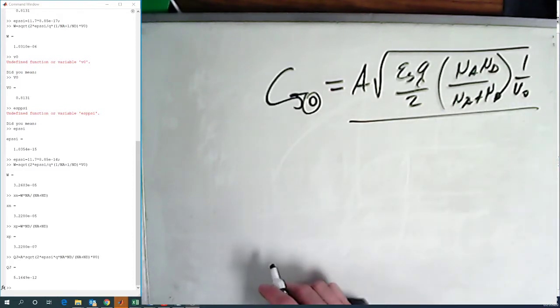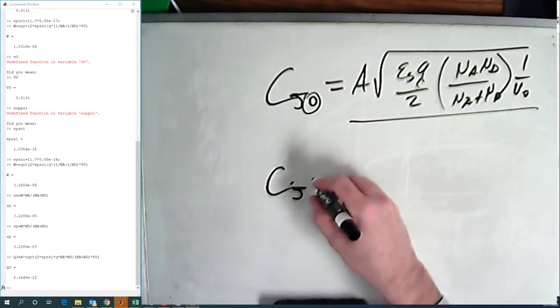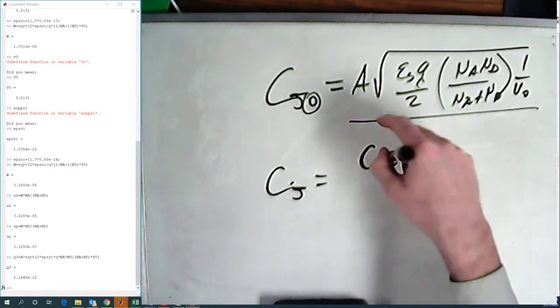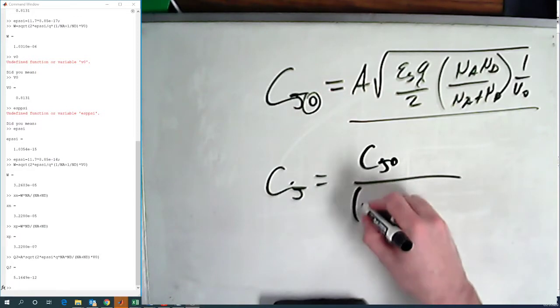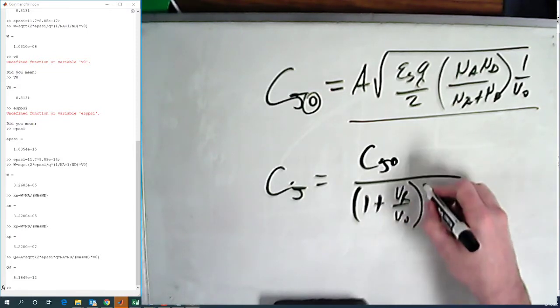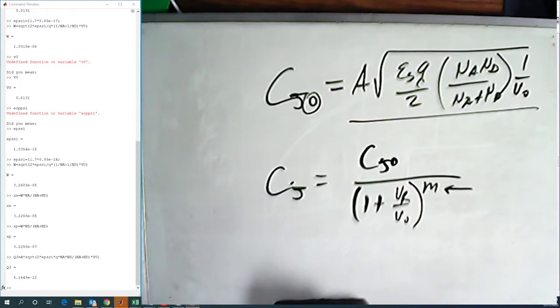This is going to be a constant. And the nice part about this is if we reverse bias it, the junction capacitance changes, but we'll use this value that we just came up with: Cj0 over 1 plus VR over V0, to the M.